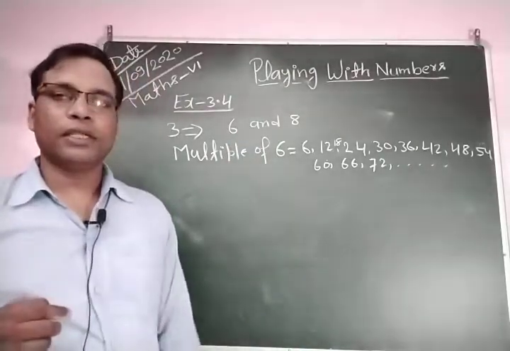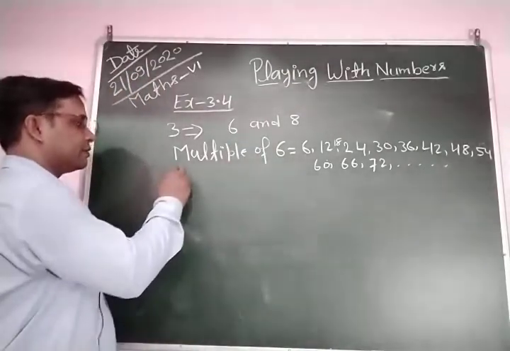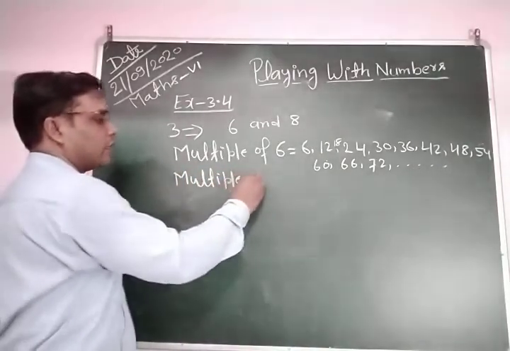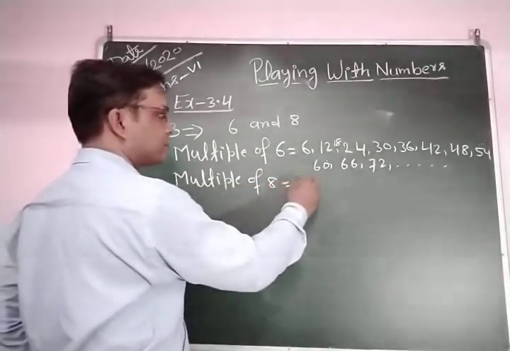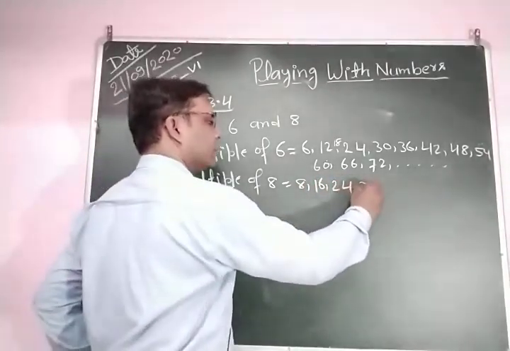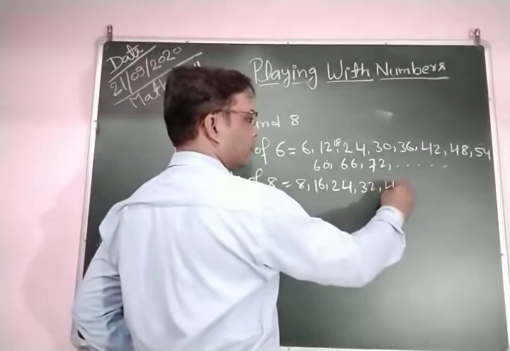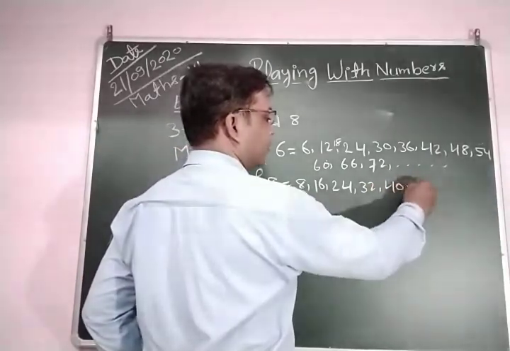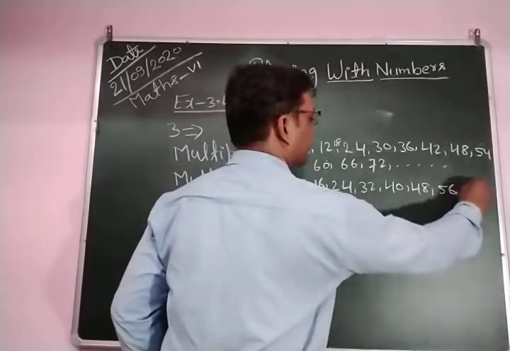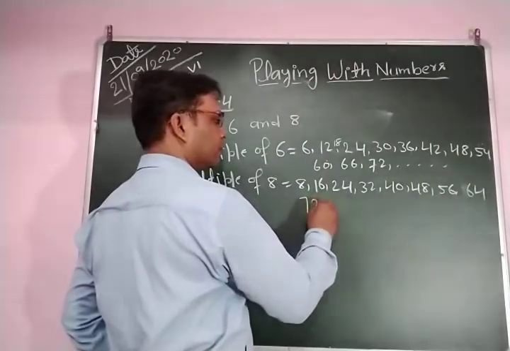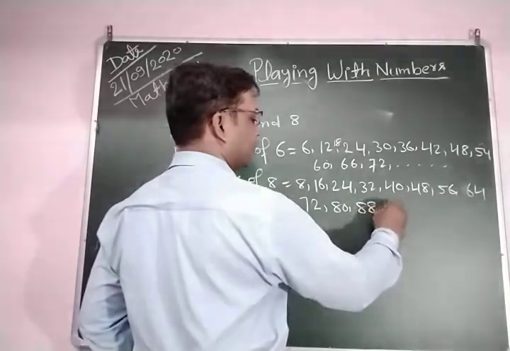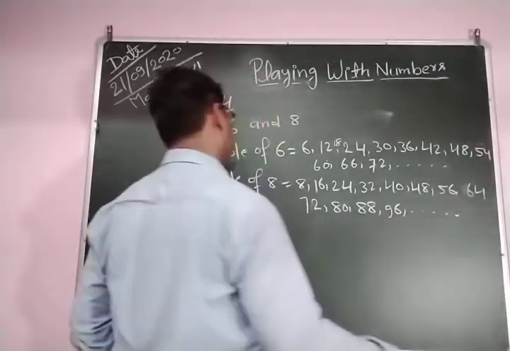Now we need to find the multiples of 8. So you write here multiples of 8. Multiples of 8 are 8, 16, 24, 32, 40 and 48, 56, 64, 72, 80, 88, 96 and so on.